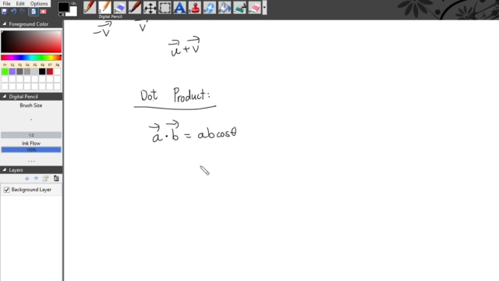Another way to compute it, if you don't know the angle between the two, is to just look at the vectors themselves. So let's say A is equal to A1, A2, A3, and B is equal to B1, B2, B3. Well, the dot product is just multiplying them component-wise and adding them up.